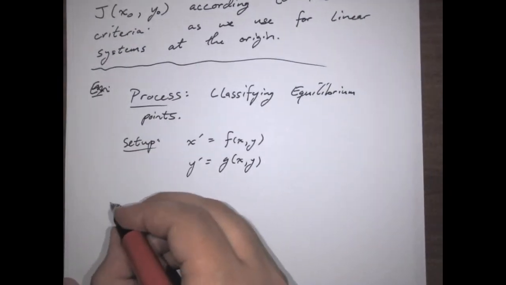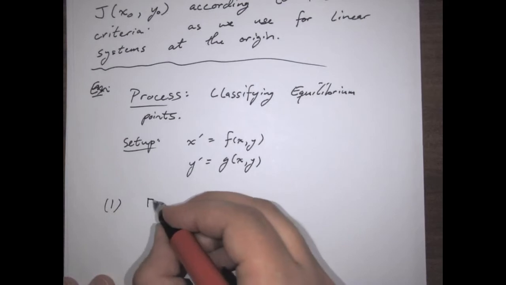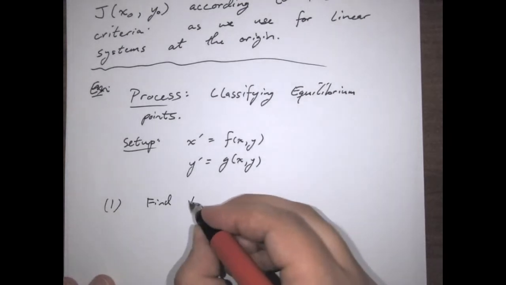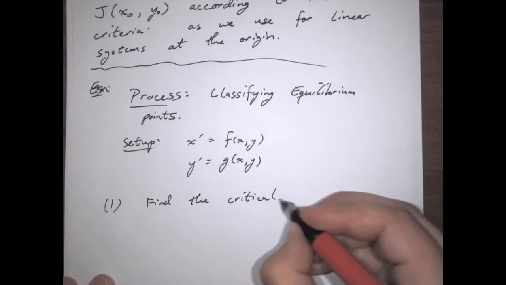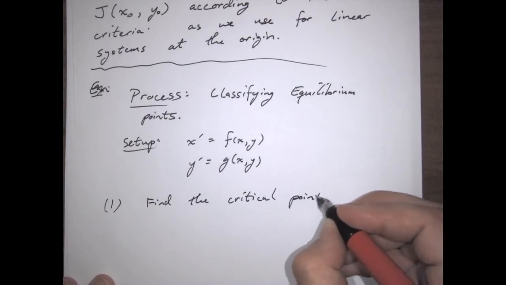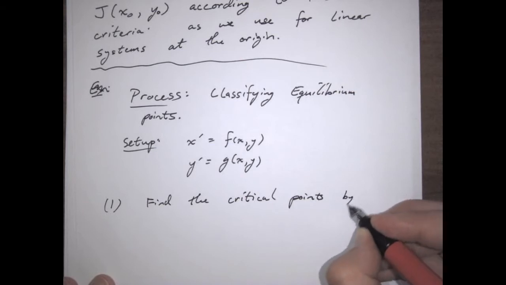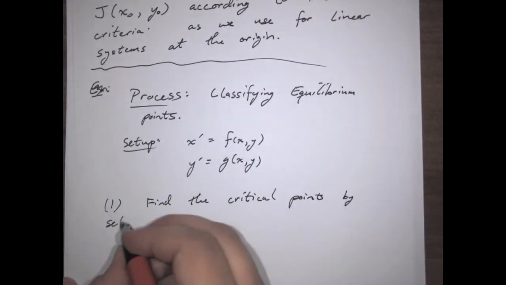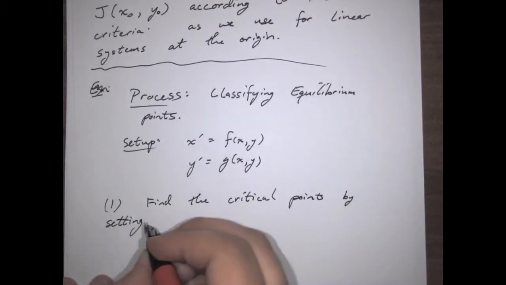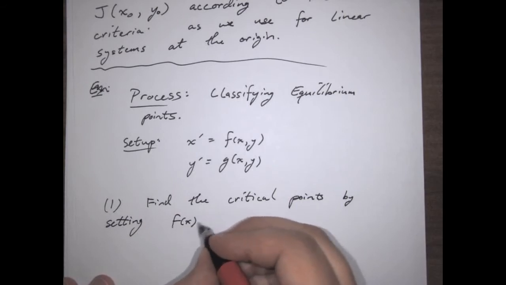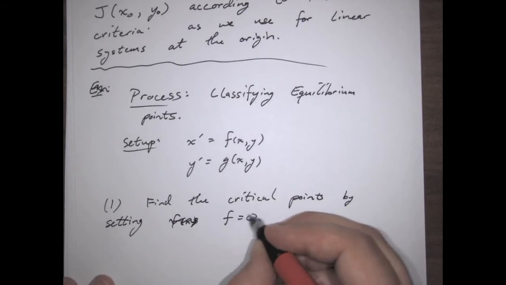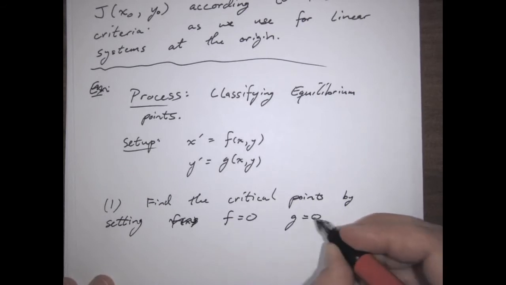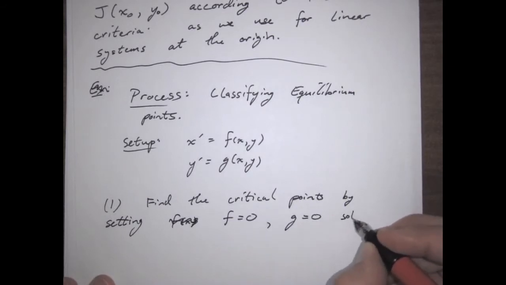So step 1, find the critical points by setting f equals 0, g equals 0, and solving.